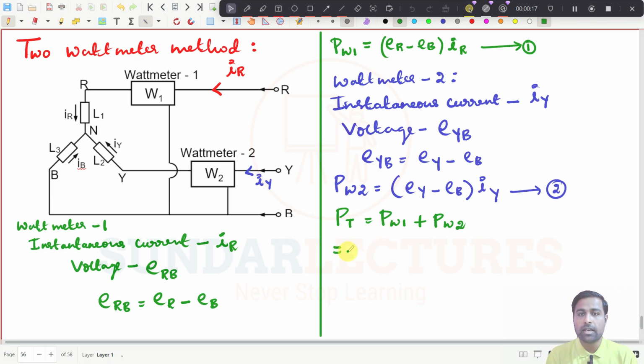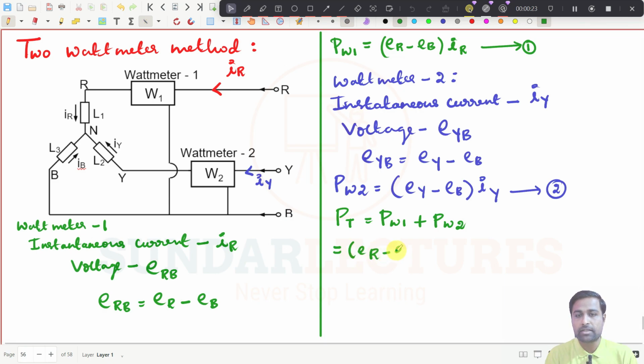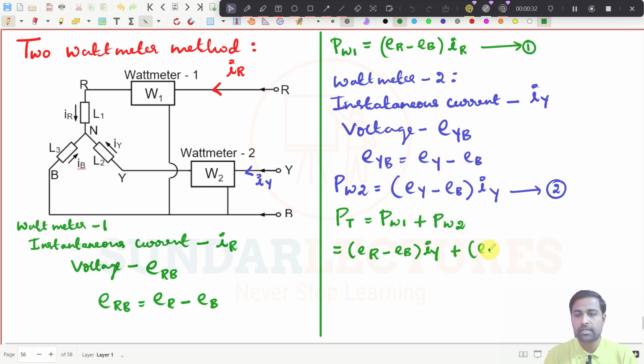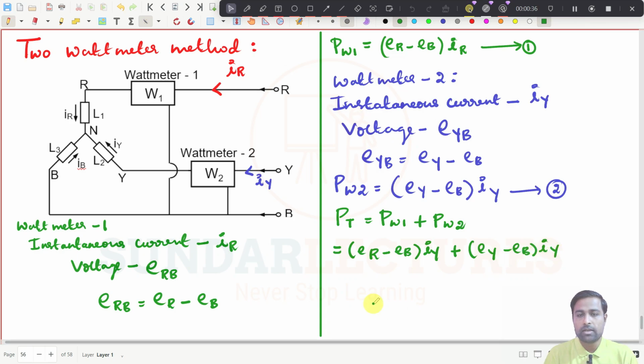If I am adding, the first equation is ER minus EB into IR, that is the first expression, and then plus, from the second, EY minus EB into IY. So you just put all the values inside and get the resultant.